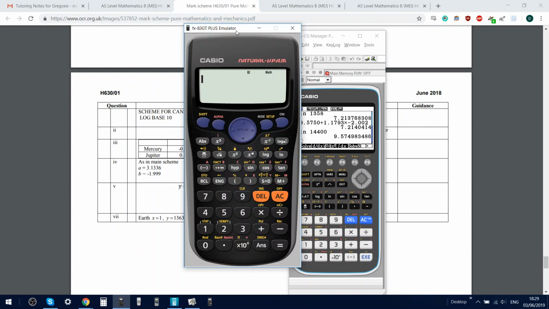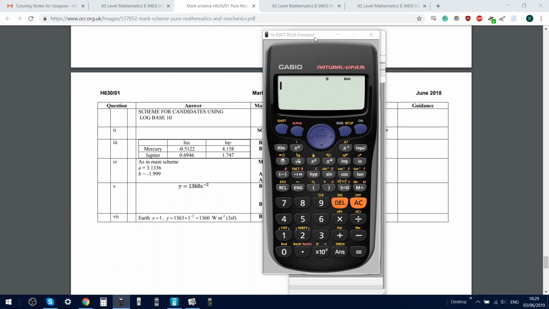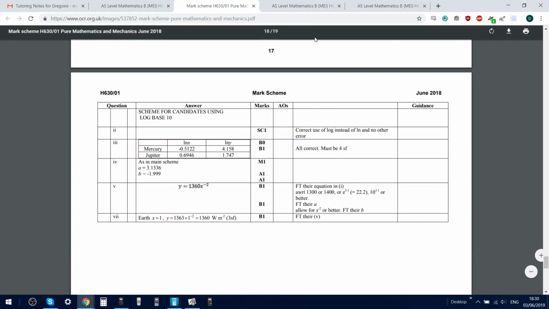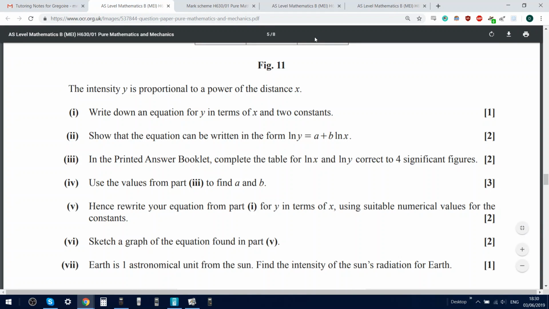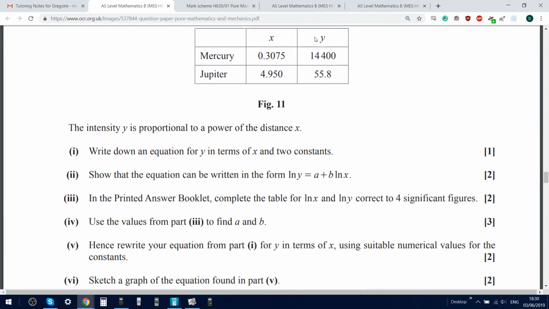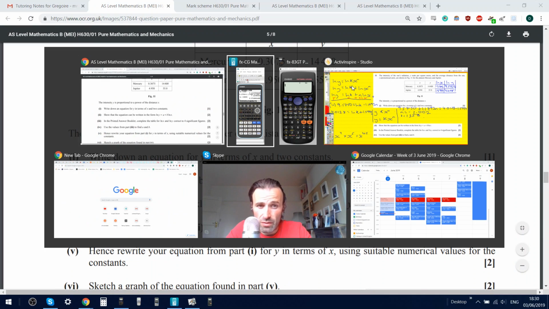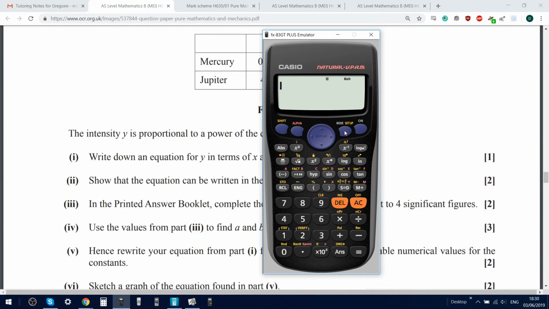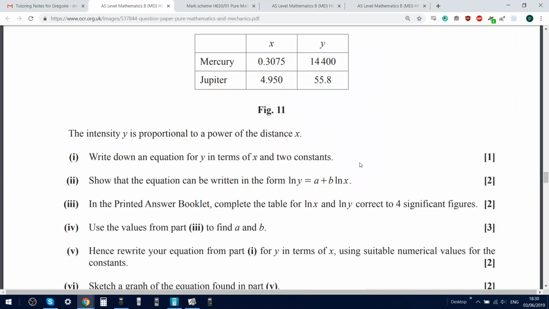So this one, ln 14,400. That's that. So ln 14,400 is 9.457.